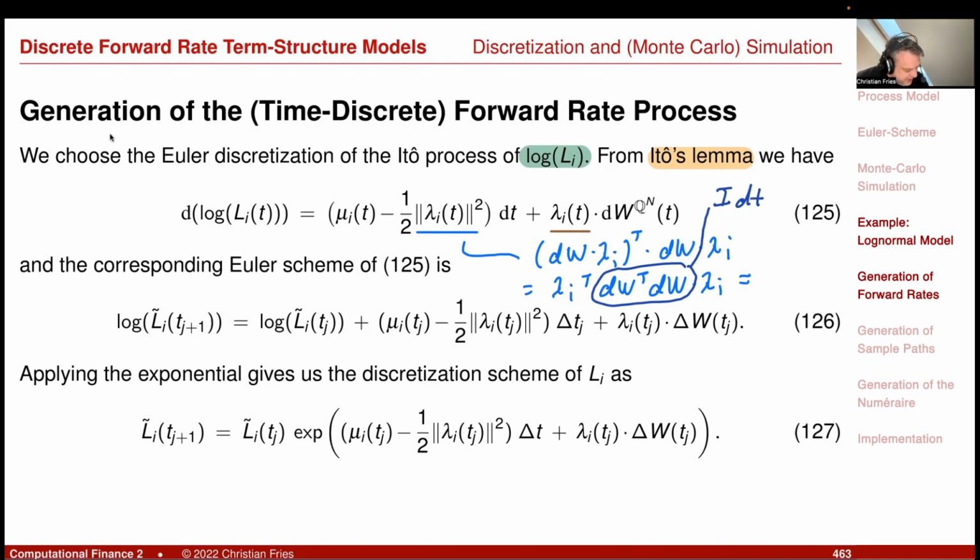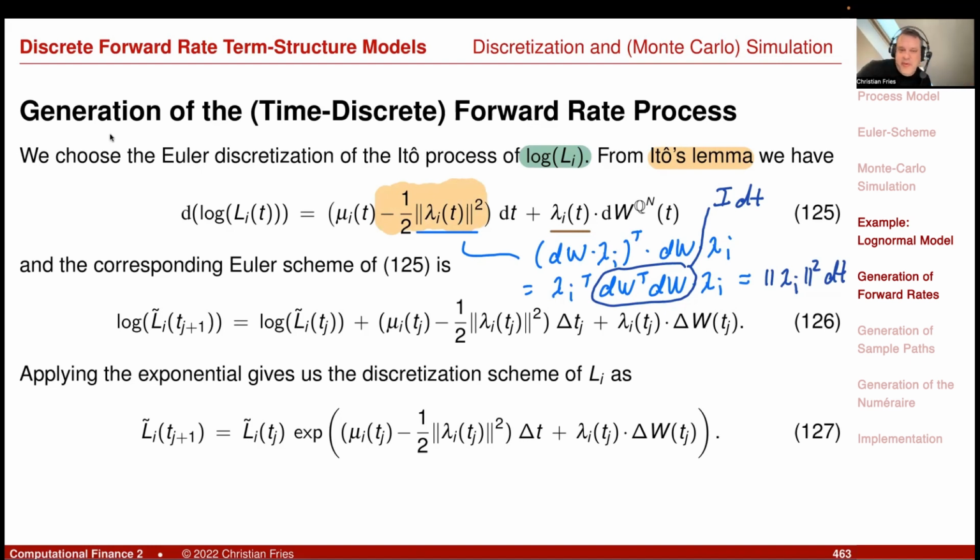So which gives me a norm lambda I squared dt. This relies on the fact that the cross terms in the dw cancel, because I assume these are the factors of independent Brownian increments. So Ito's lemma gives me the minus 1/2 lambda I norm squared.